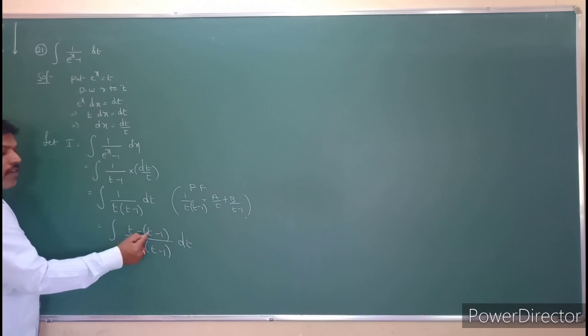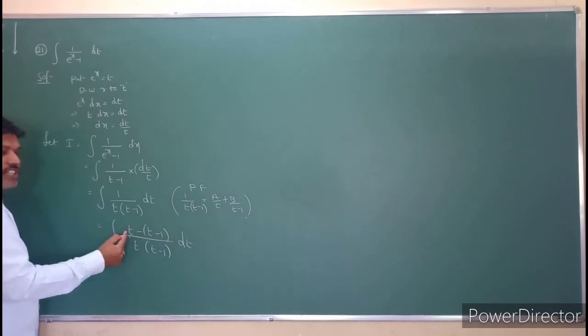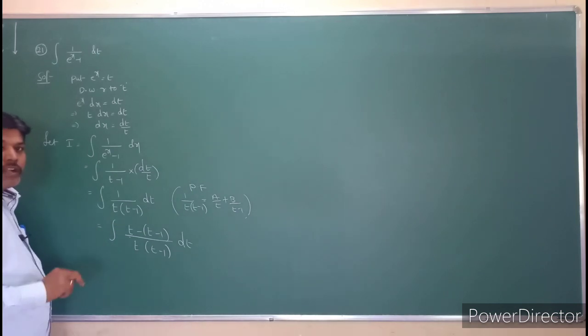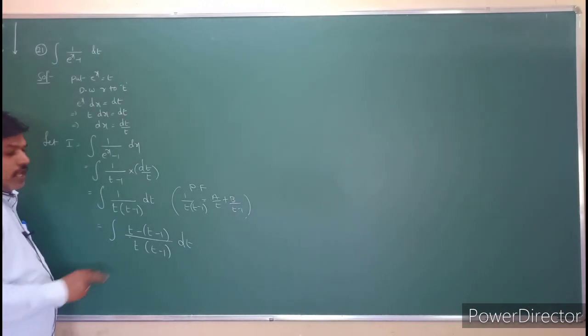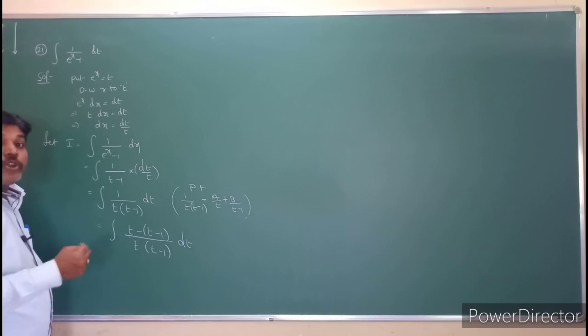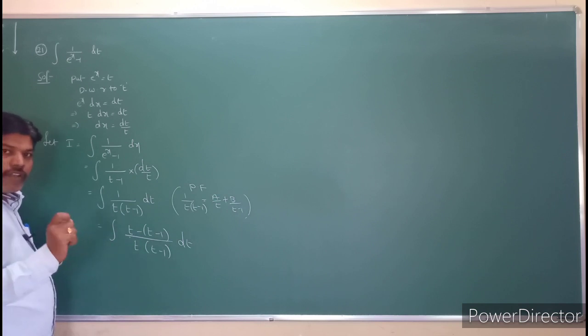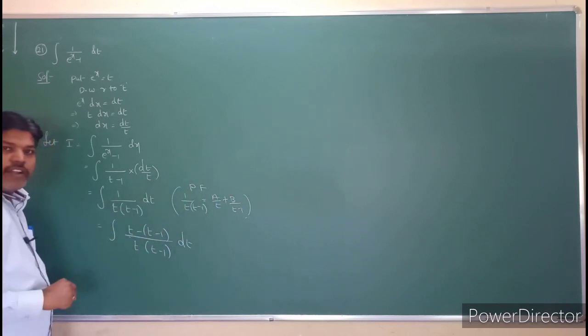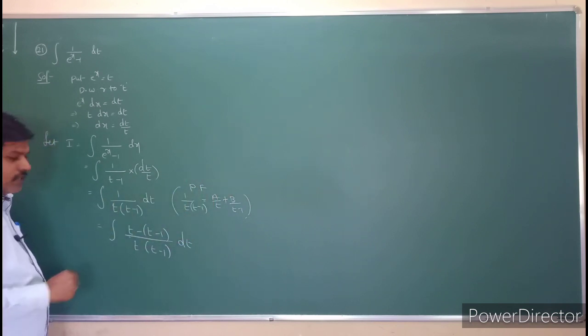So t minus of minus t plus 1. Minus t plus t will be cancelled. It will become 1. By using the denominator, I write down the numerator. Otherwise, if you have any confusion, you apply this, then you will get the a value and b value directly. Understand that?